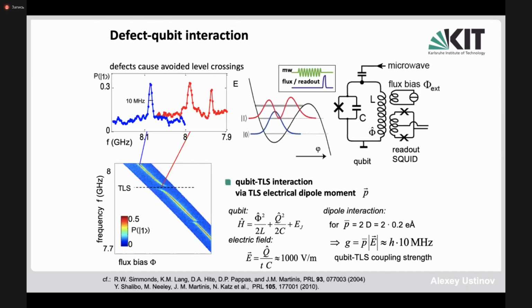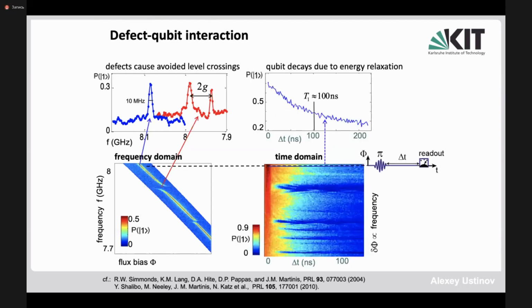And the initial hypothesis about the importance of these microscopic states for superconducting qubits came about very early. In the very first experiments of the Martinis group in Santa Barbara with superconducting qubits, which was actually, I think at that time John was still at NIST, but he moved to Santa Barbara around 2005, 2006.